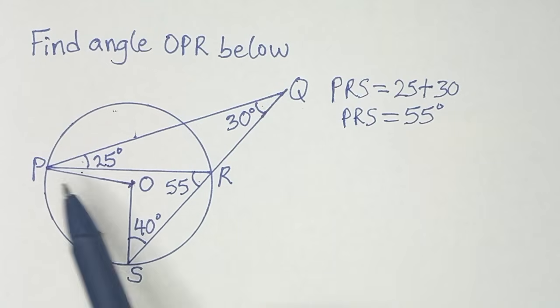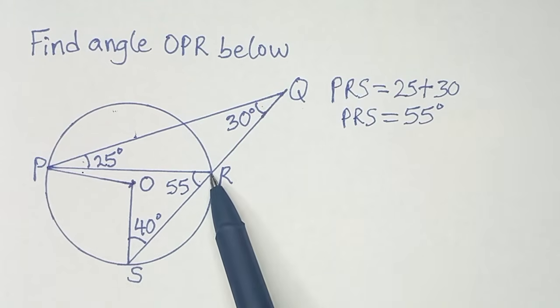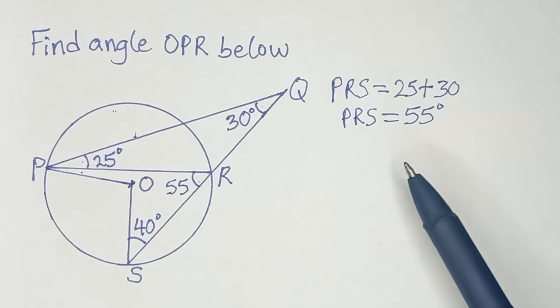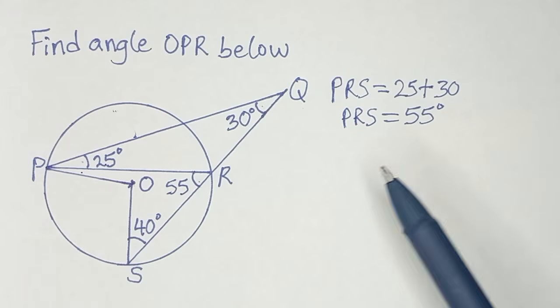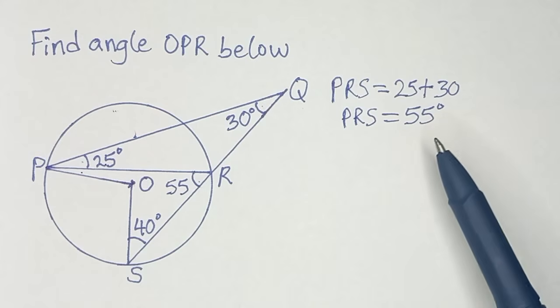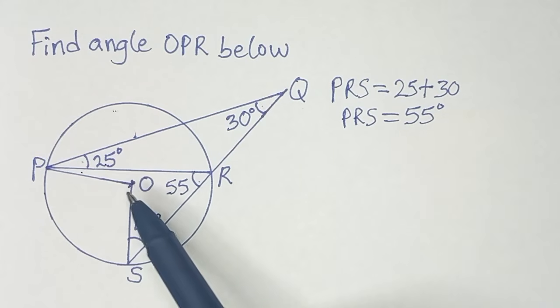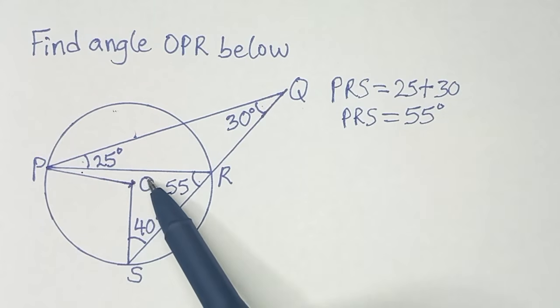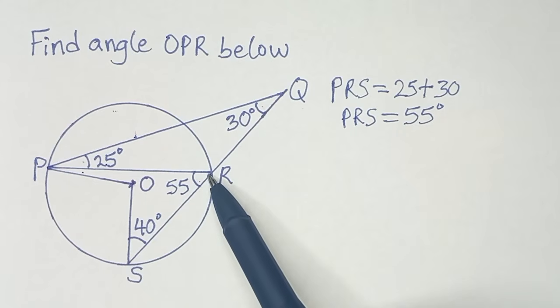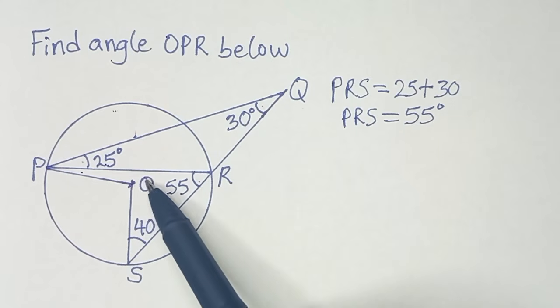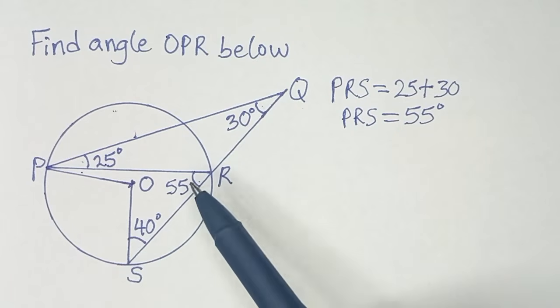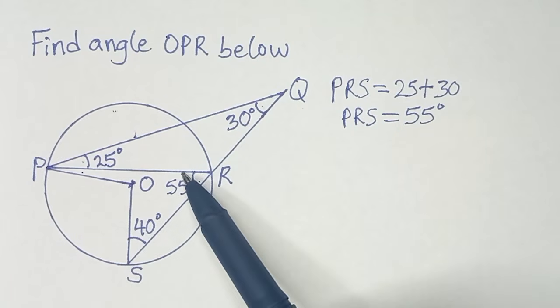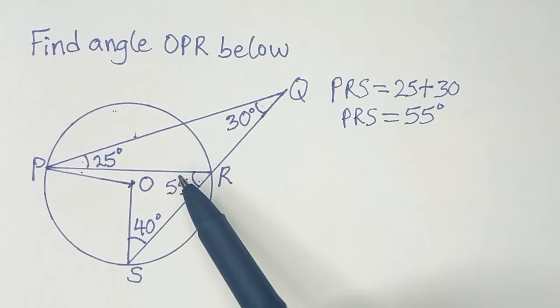That is angle OPR. By now, I want to believe you already know my short method for that. So I don't think I need to bother you with the long process. The long process has to do with sketching a line here to this point. That means I'm going to draw a line to this end, and then I now prove to you base angles of isosceles triangle.